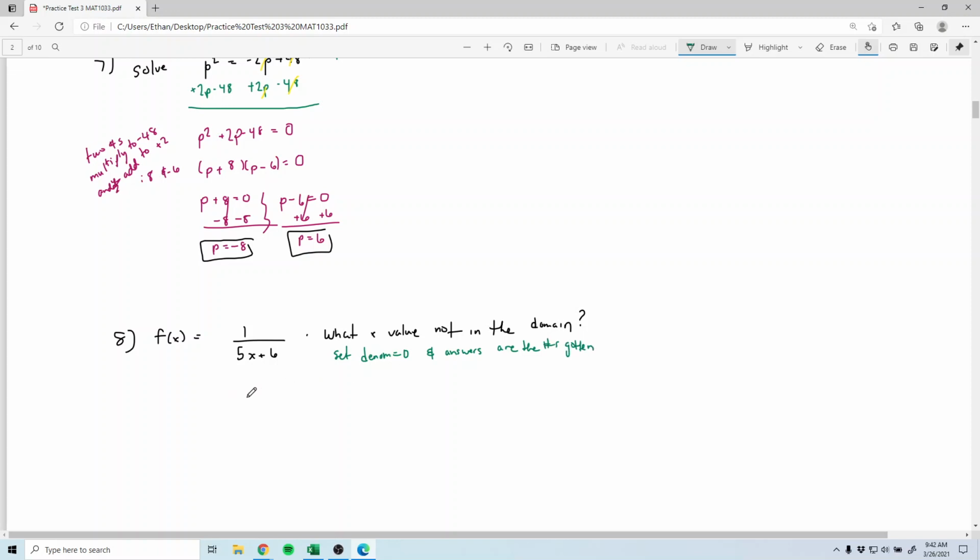Luckily for us, the denominator 5x plus 6, when we set that equal to 0, is a quick equation to solve because we only have x. We subtract 6 from each side. We get 5x equals negative 6. And then we divide each side by 5, and we get x equals negative 6 over 5.